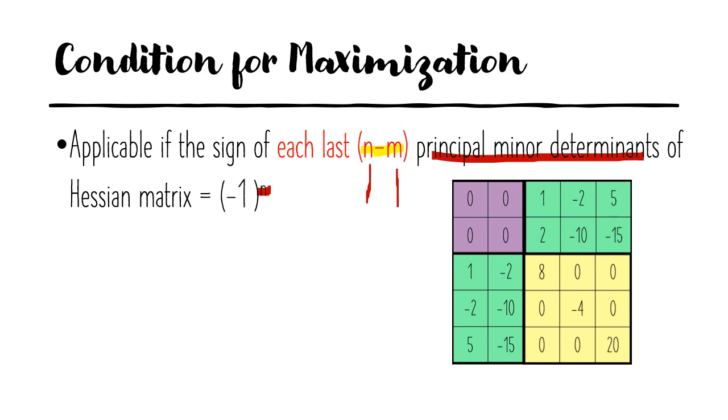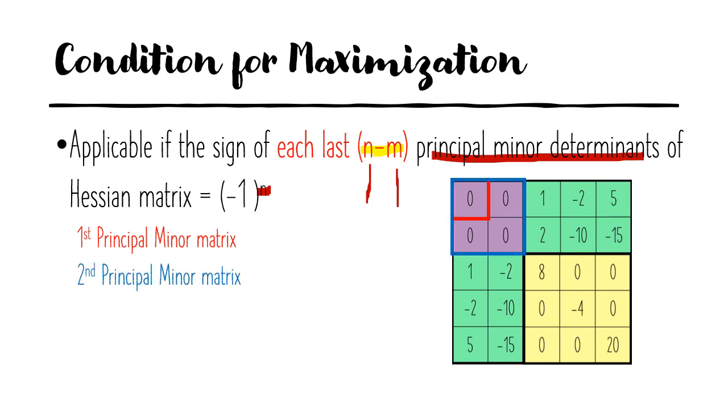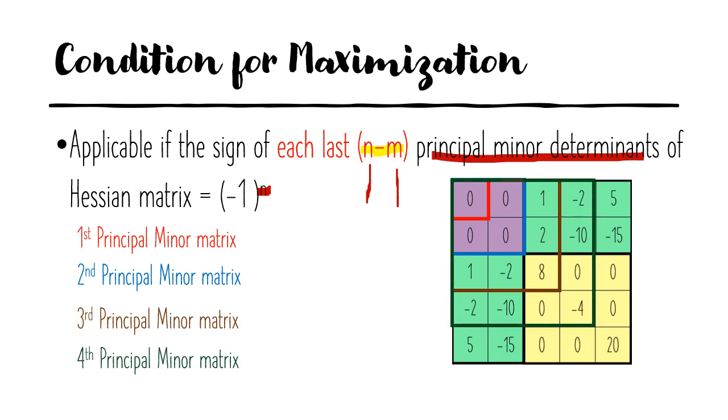So here, the first principal minor is only this matrix. The second principal minor matrix is this one, so I have to consider 2. The third principal minor matrix is this, so 3 matrices. Fourth and the last.